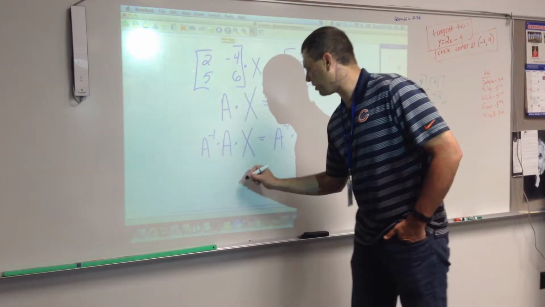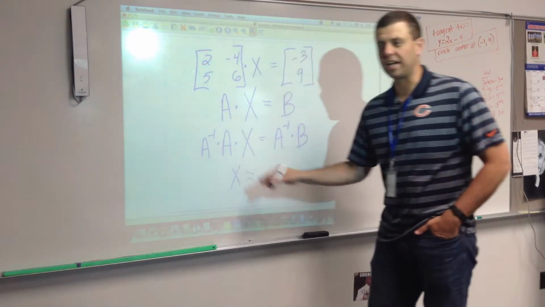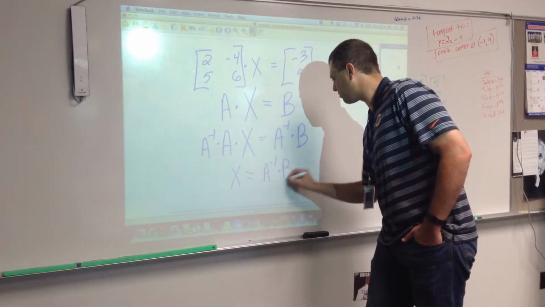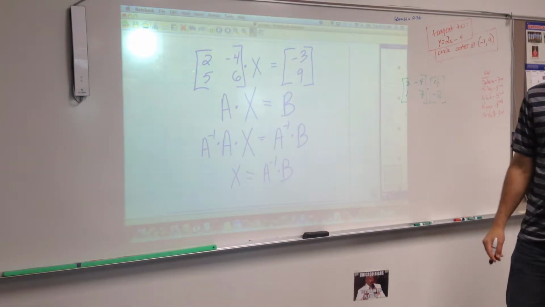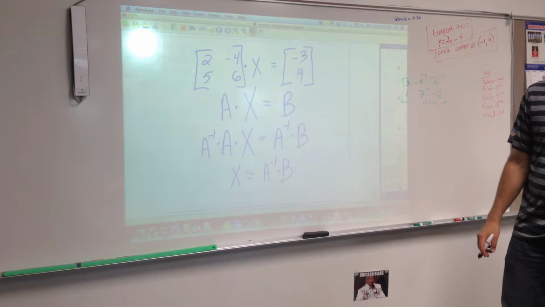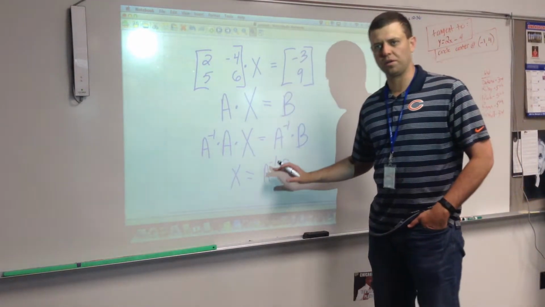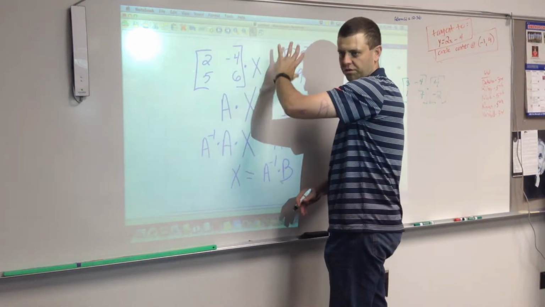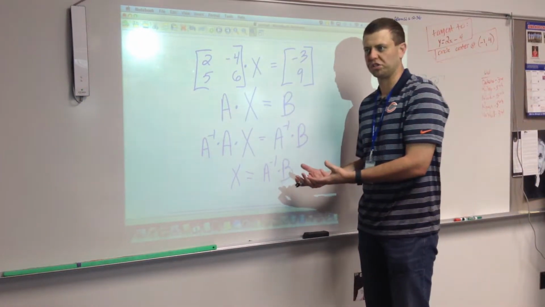But really, they cancel each other out, and this matrix X will equal whatever A inverse times B would equal. So this is our end goal here, solving these matrix equations using inverses. That's our end goal today.